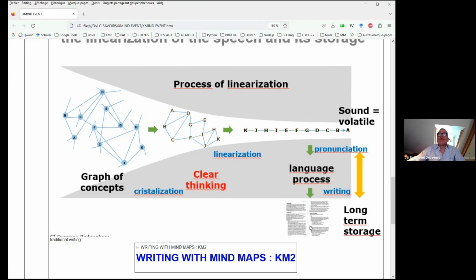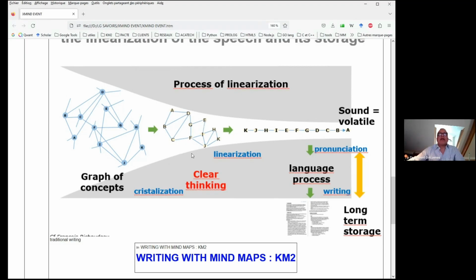And then when we want to understand something, we want to build something in our brain, so we have to make the reverse process. It is very complicated to do the reverse process because we have to scan the sentences, cut them into small ideas, group ideas together, and then understand how the blocks are bound together.